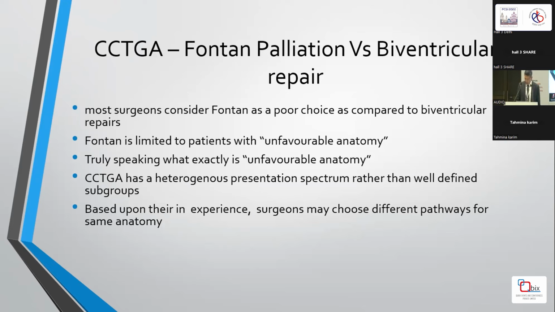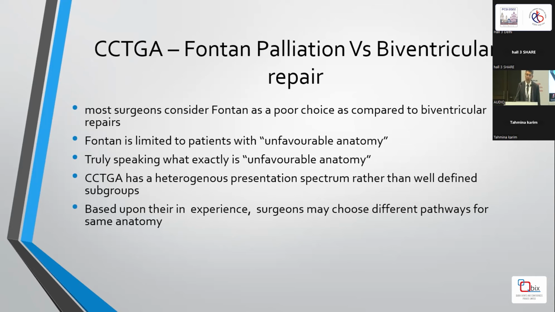As we all know, CTGAs have smallish RVs and a smallish tricuspid valve as compared to any other cyanotic lesion. For a Rastelli, it was proposed that RV volume should be at least 120% of the normal values. For CTGAs, there was no criteria, and most of the time we were using the tricuspid valve Z-scores and looking at whether the tricuspid valve was all right. We were not looking at the RV volumes, but that was not helpful.